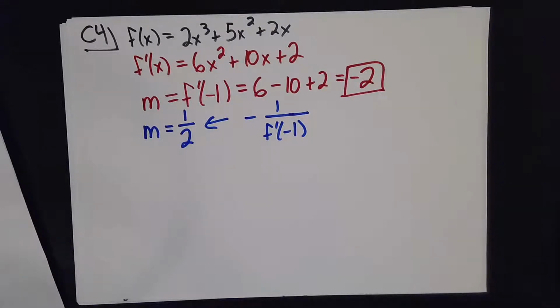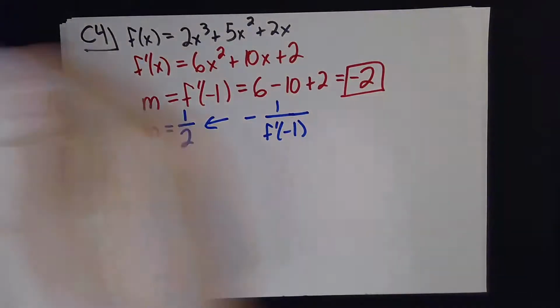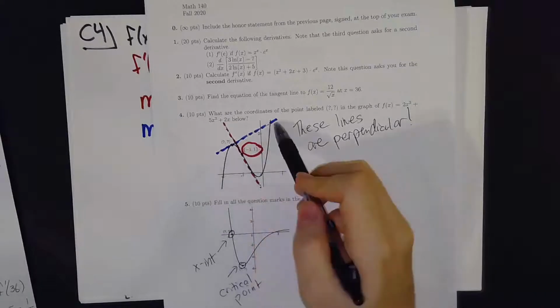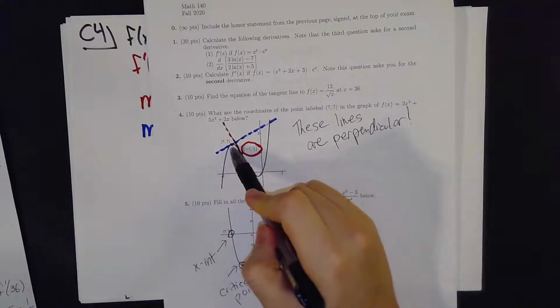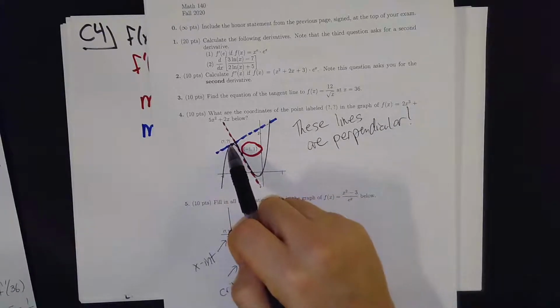So now I need to figure out how I'm going to go from knowing that the slope of the blue line is 1/2 to knowing what the point question mark is. But here's the key point. The slope of the blue line is the derivative at that point. So the point I'm looking for is the point where the derivative of this function is 1/2.